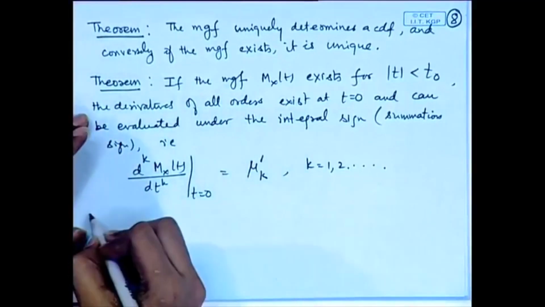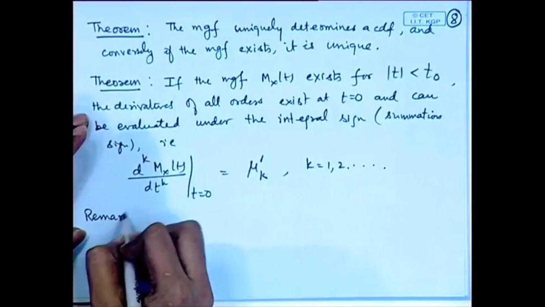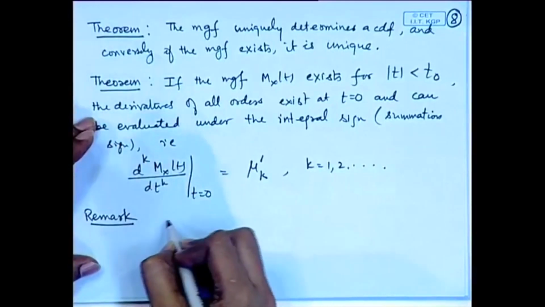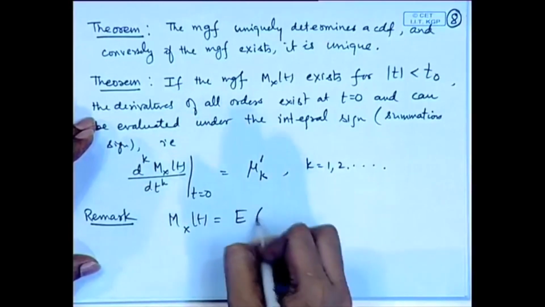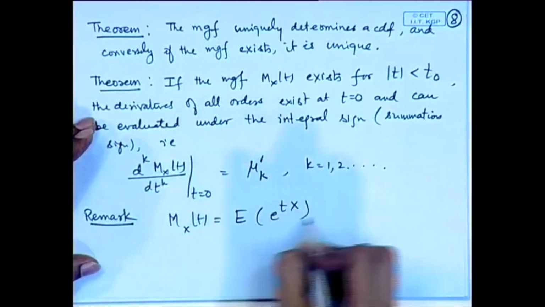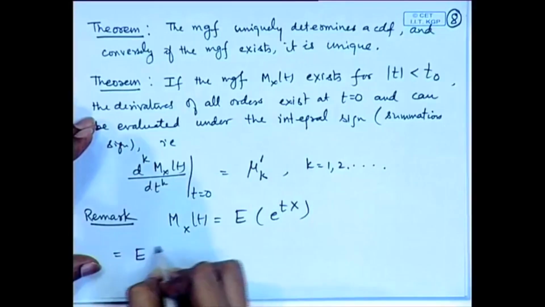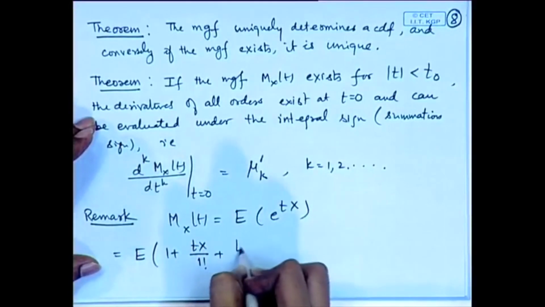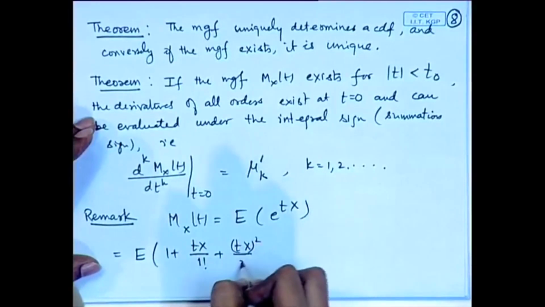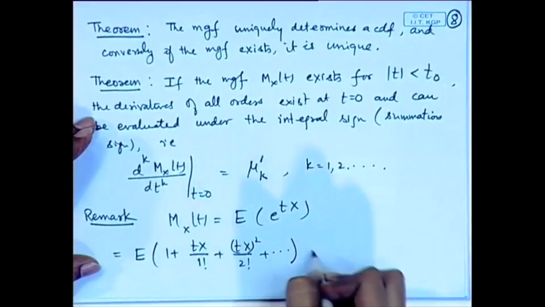That is why it is known as a moment generating function. You can see this fact. If I say that the moment generating function exists, then I can consider the expansion of e to the power tx in a Maclaurin series as 1 plus tx by 1 factorial plus (tx) square by 2 factorial and so on.